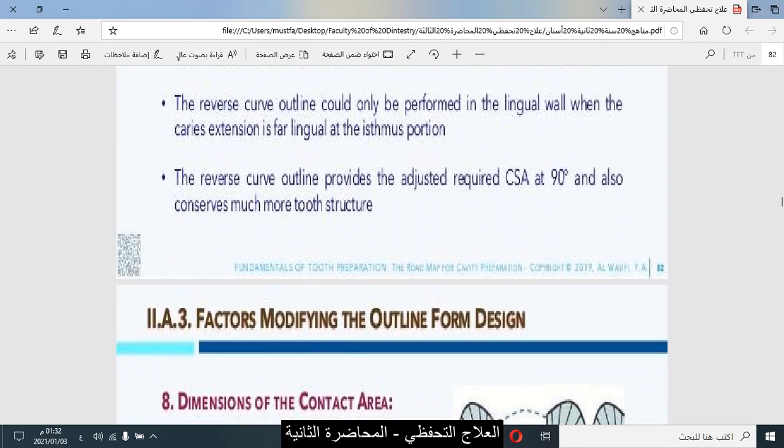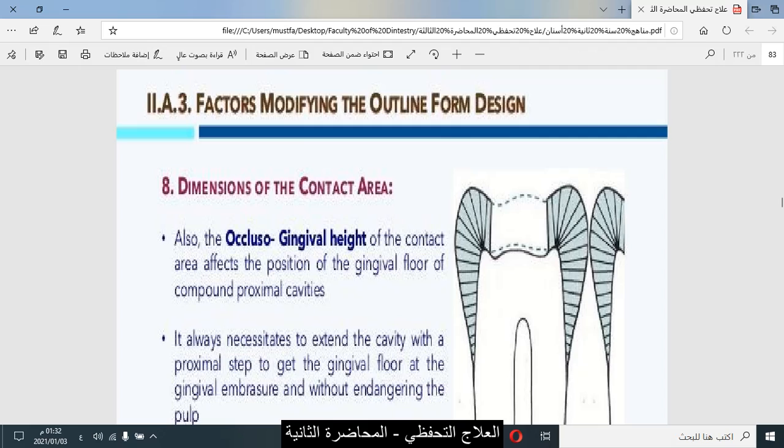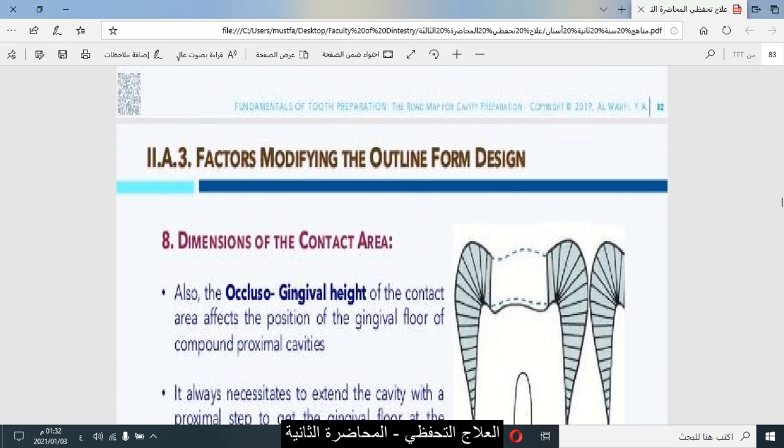We said the dimension of the contact area, the occlusogingival height, affects the position of the gingival floor. If the occlusogingival height of the contact area is more, the gingival floor will be more cervical in the cavity. If it is less occlusogingivally, the gingival floor will be more toward the occlusal.